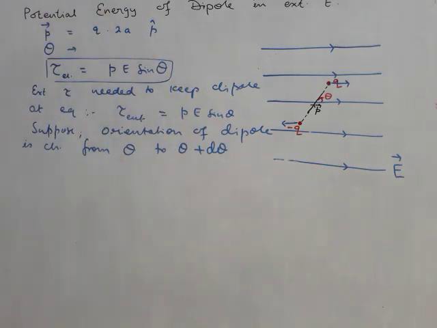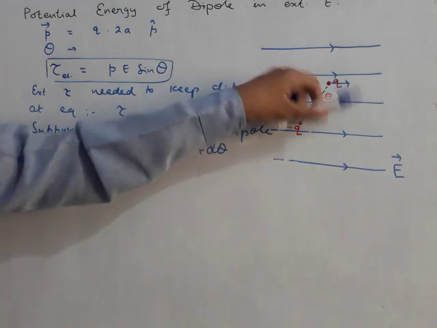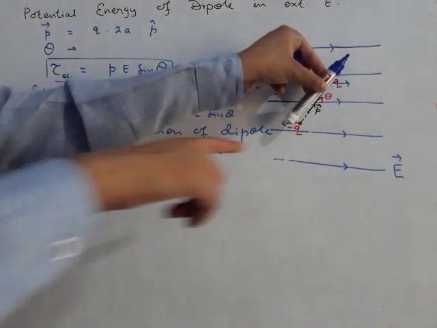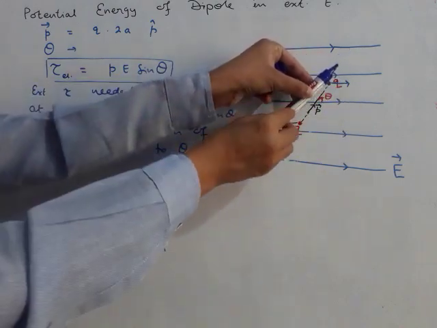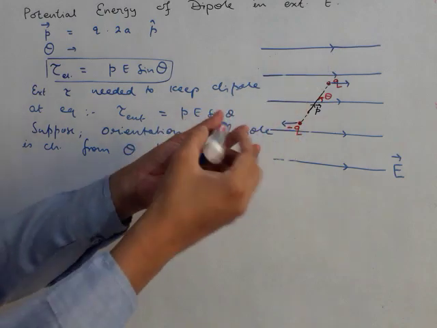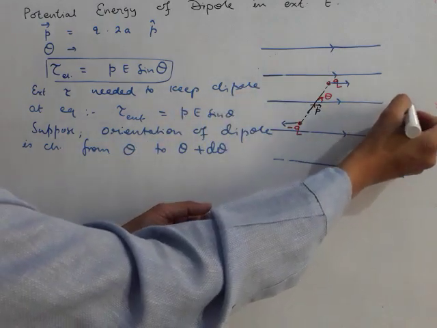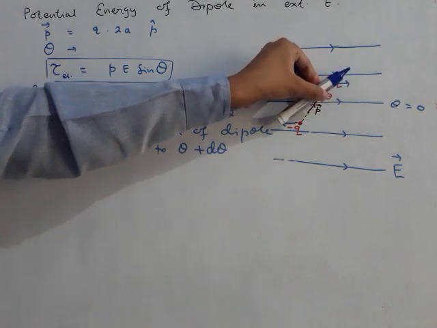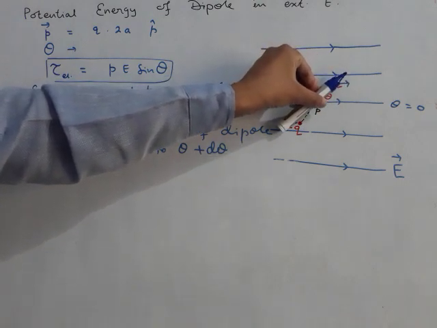Now when I say theta plus d theta, it can't be in this direction. See, this is the direction that makes angle theta with the electric field. So theta plus something means I have to go like this. This direction corresponds to theta is equal to 0. This is theta is equal to something, say theta. Then theta plus d theta will be like this.